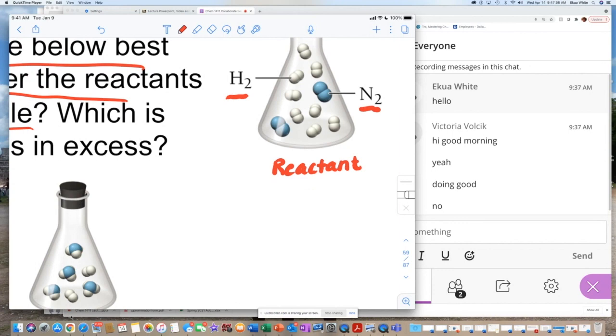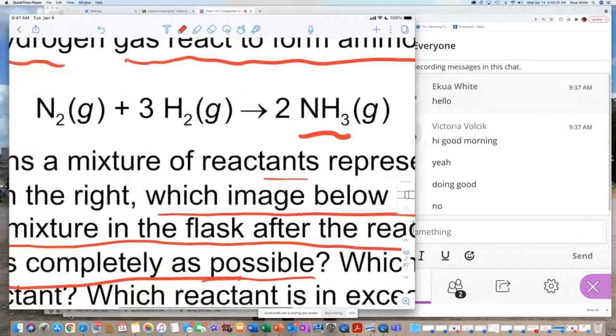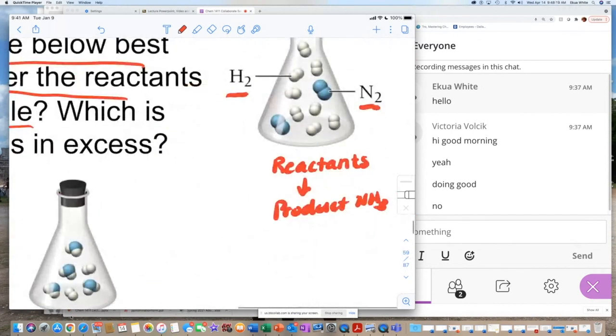The product is going to be NH3. I know that from the balanced equation. They already told me what's going to be made, NH3. Now, this one is saying if you only have one N2, you have the ability to make 2 NH3s, as long as you also have 3 H2s, right?